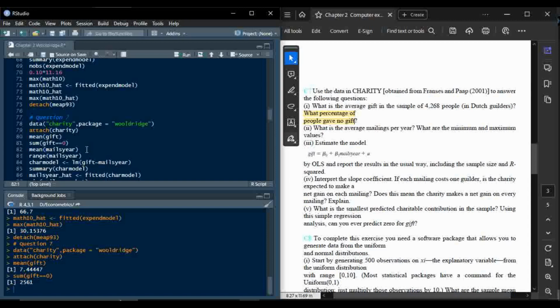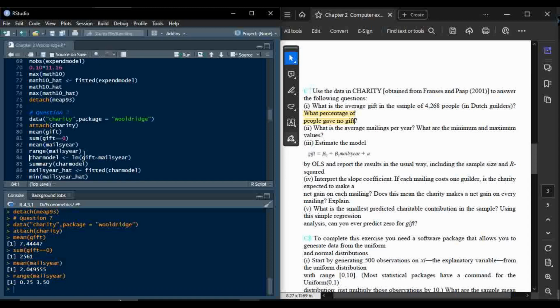For average mailings per year, we can use this function mean mails year, which is 2.04. And for minimum and maximum values, we can use this function range mails year. So the minimum value for mails per year is 0.25, which means that someone has been on the mailing list for at least 4 years. And the maximum value is 3.5.